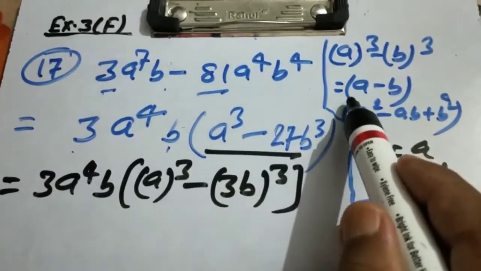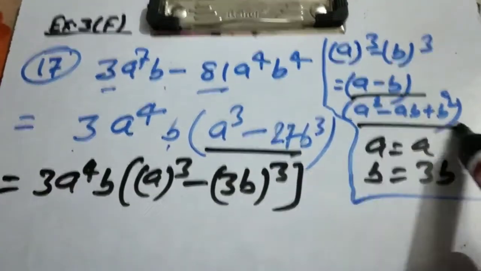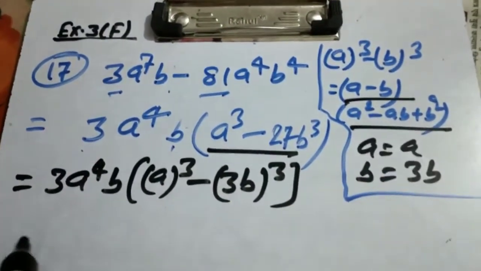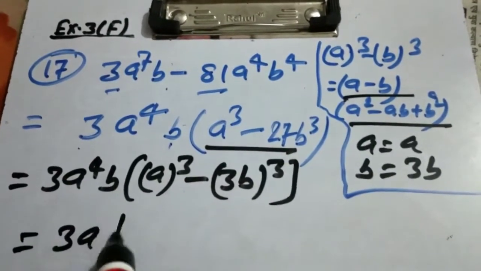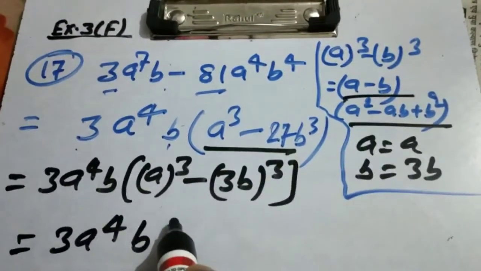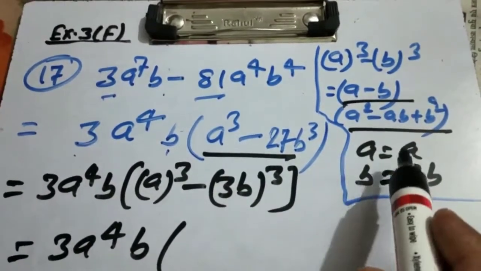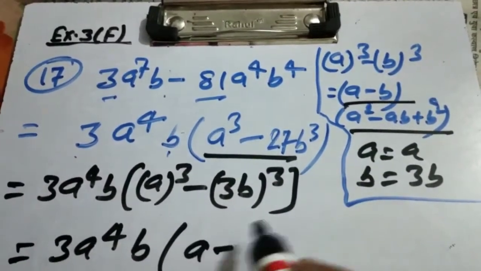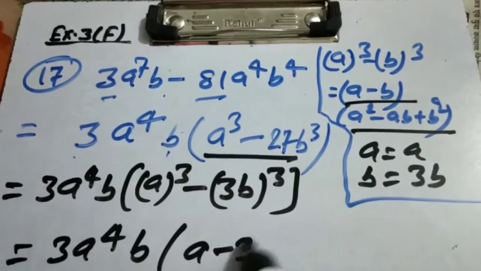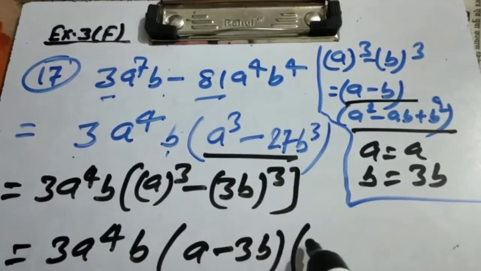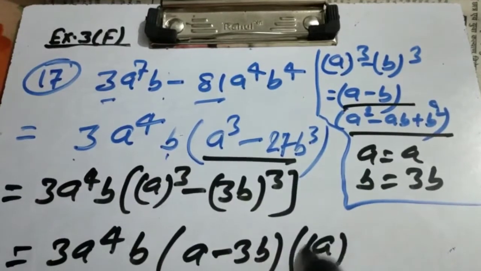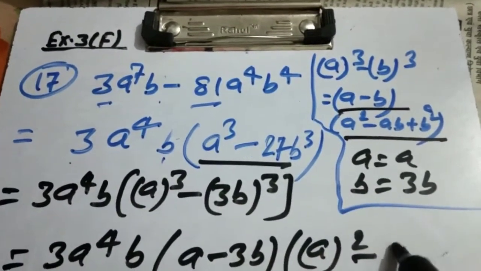So you have to put the value of a and b in this expression. So it will become 3a power 4b, and then you have to write a minus b. At the place of a you have to write a, and at the place of b you have to write 3b, and then you have to write a square, that is a the whole square, minus a into b.